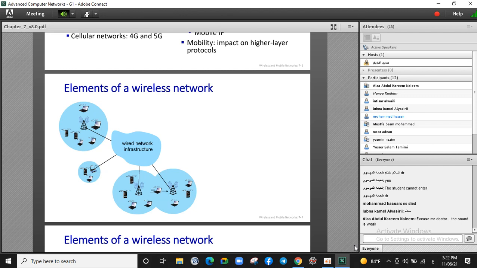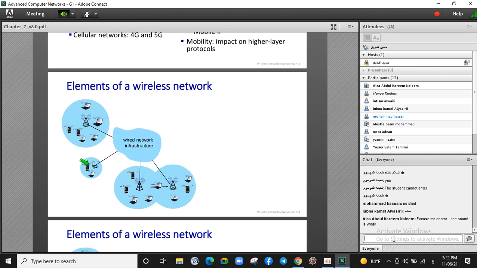Sorry for the delay. Okay, so the communication range in a wireless network, in a Wi-Fi network, is small. It's about a few meters, for example, 30 meters or something like that.